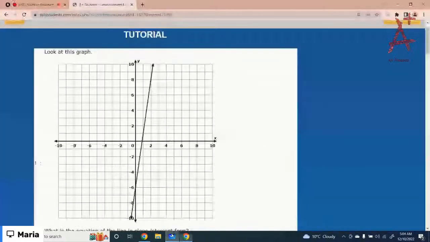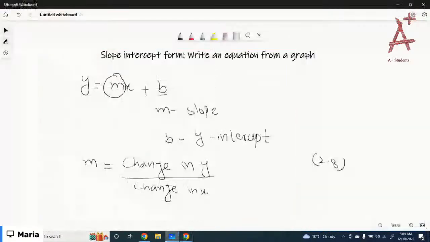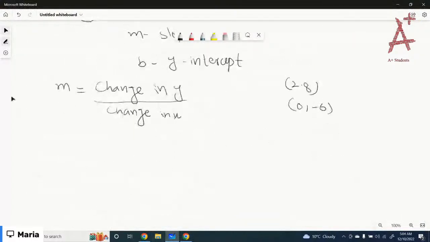And the second one is this one, that is x is 0 and y is negative 6, 0 and negative 6. Got it? You can use any 2 points on the graph. Okay, just find the slope using these 2 points.